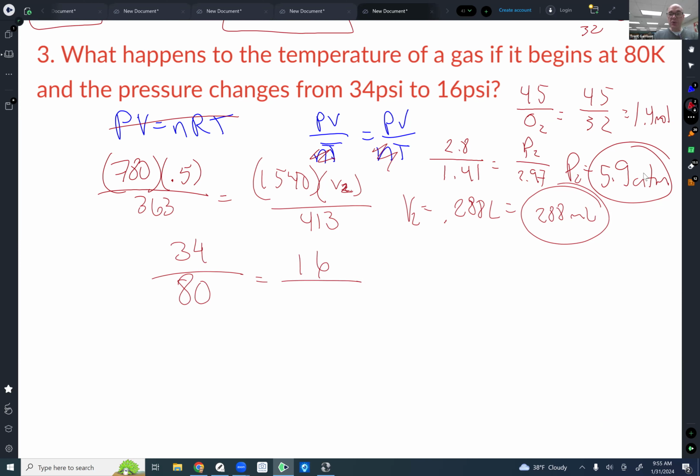So we've got 2 sets of temperatures, 2 sets of pressure, so it is not PV equals nRT, and it is temperature and pressure, so that is going to be Gay-Lussac, so we can get rid of volume, and it's P over T. So we're looking for the new temperature, but this temperature is already in Kelvin, so we don't have to make a conversion. So I'm just going to cross multiply 80 times 16, and I'll divide by 34, and you get my new temperature is 37.6 K.